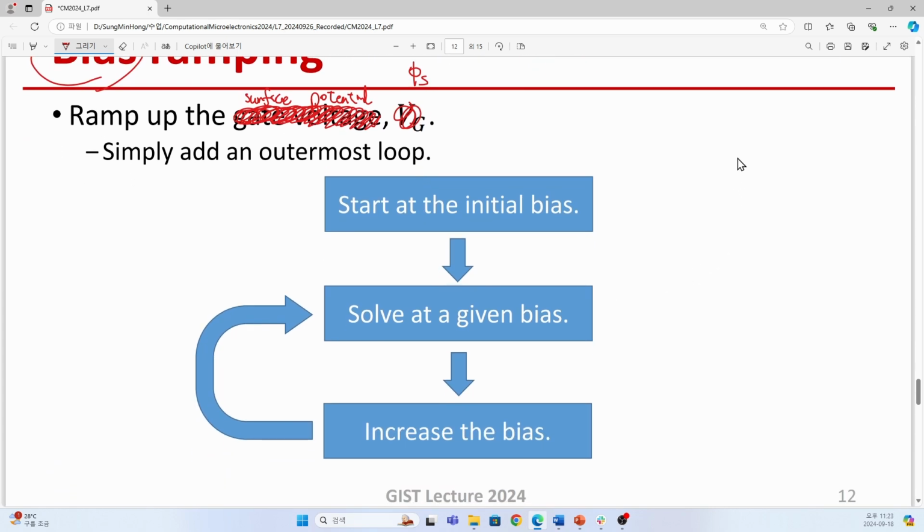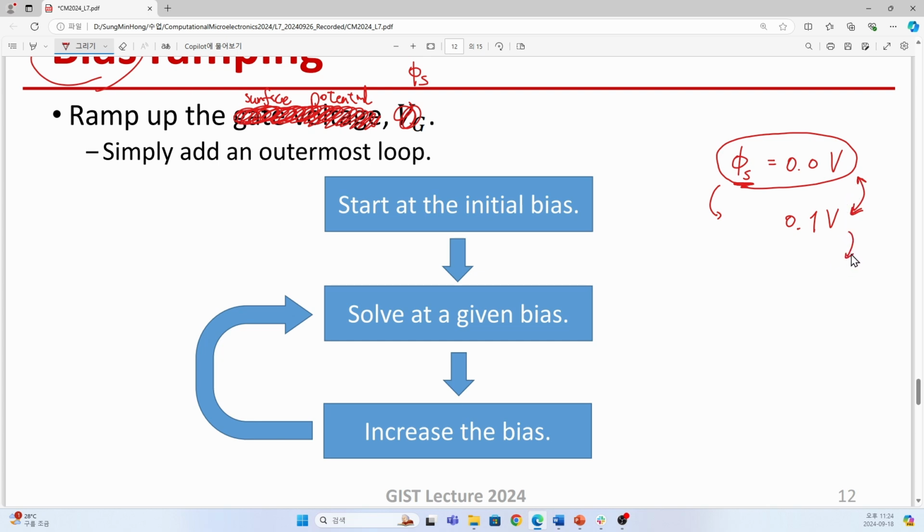For example, it is easy to get the solution for phi s equal to 0.0 volt. Once you get that solution, then increase its value to, for example, 0.1 volt. Then try once again to get the solution by using the potential profile at this point as the initial guess. Since this voltage difference is not that high, maybe you can get the solution.